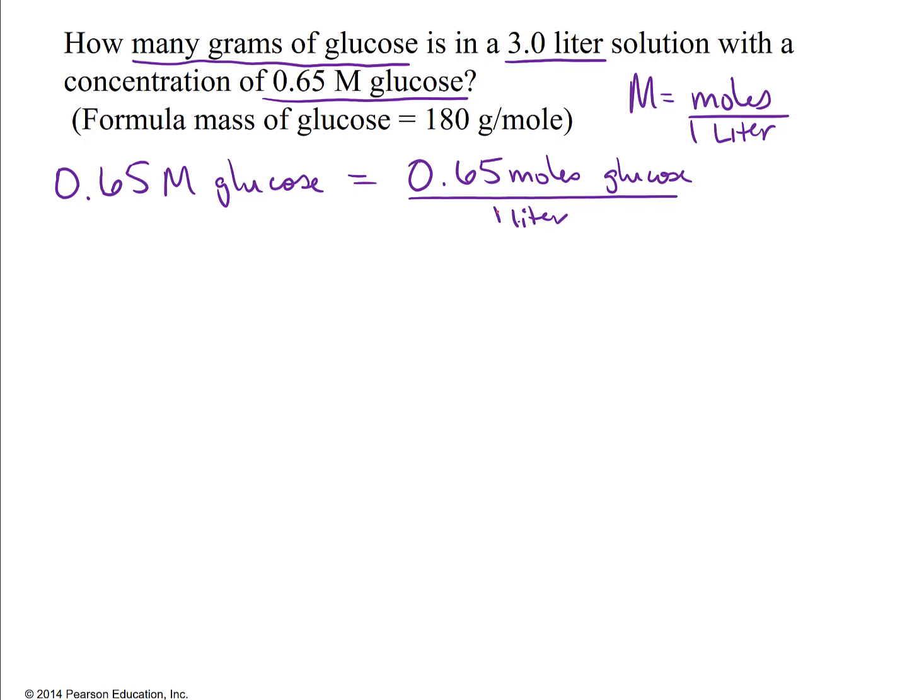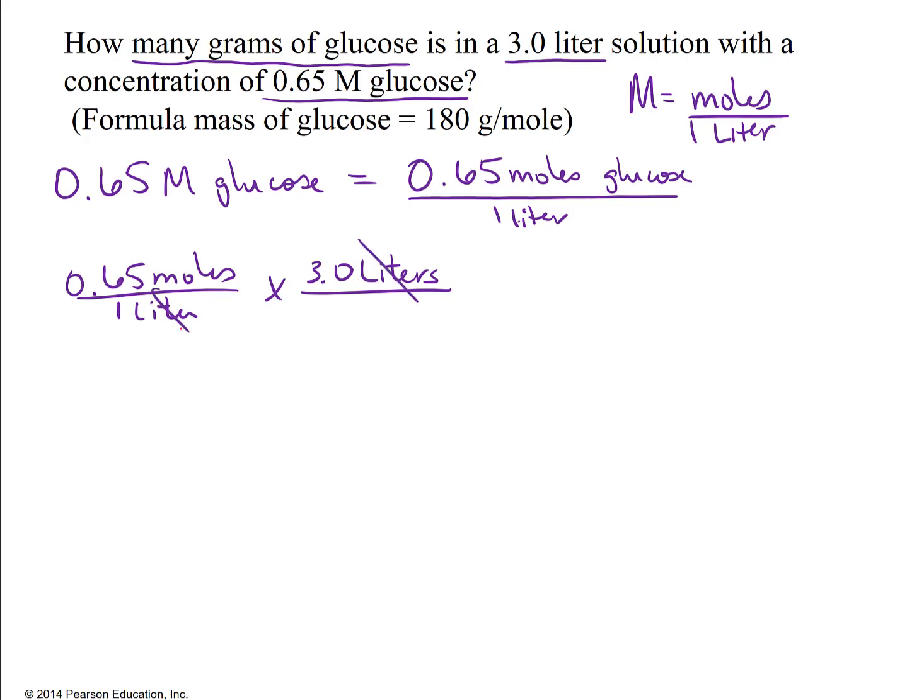If I know the concentration and the volume, I can figure out how much solute. Take the concentration in moles per liter, multiply it times the volume. See that liters and liters are the same, so liters and liters can cancel.